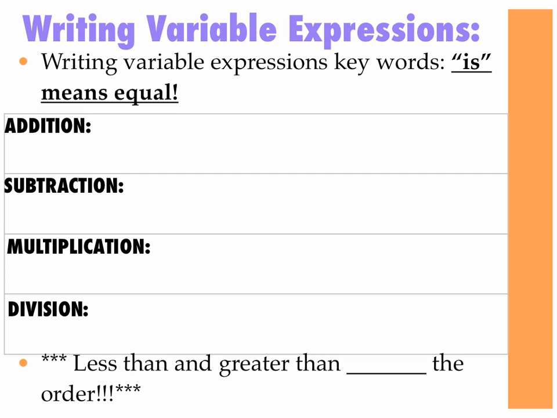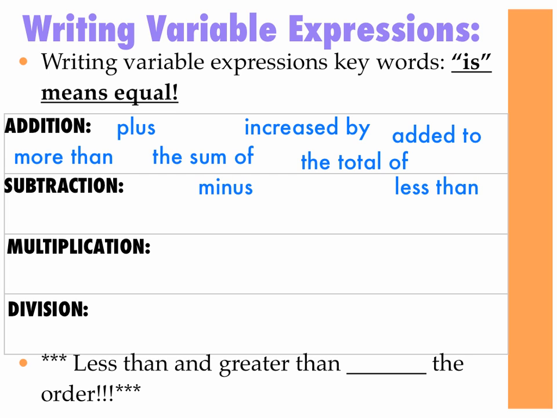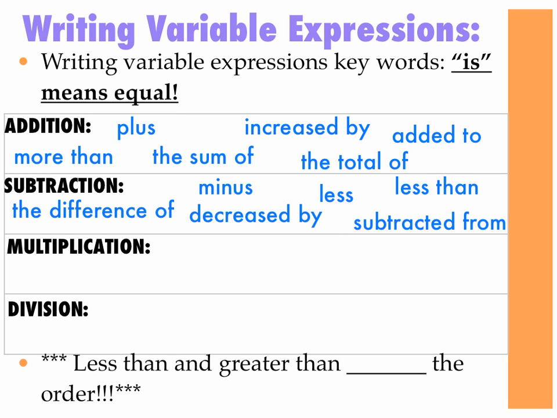Some keywords that indicate addition would be plus, more than, the sum of, the total of, increased by, and added to. Some subtraction keywords would be minus, less than, the difference of, less, decreased by, and subtracted from.